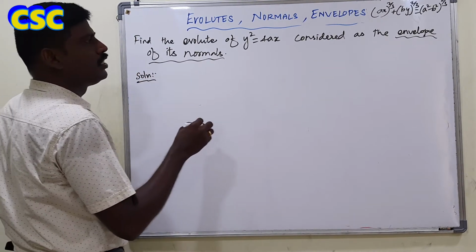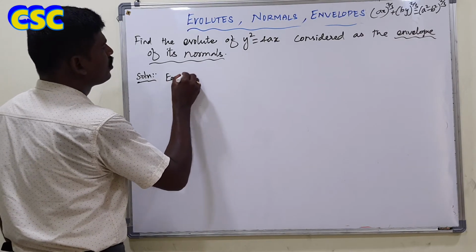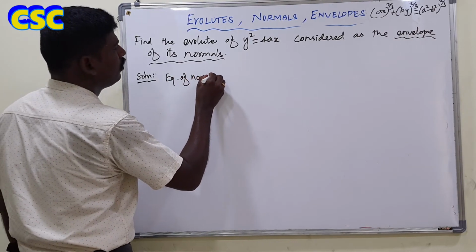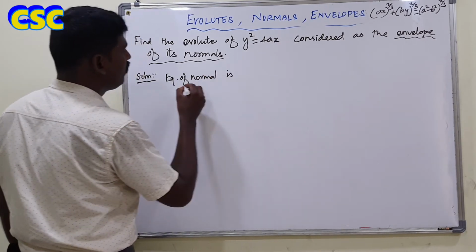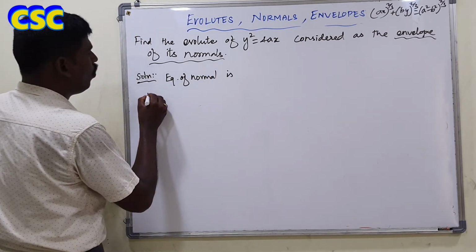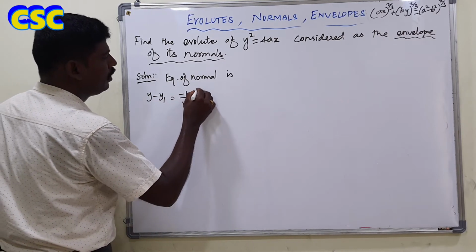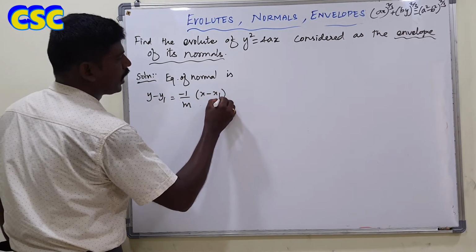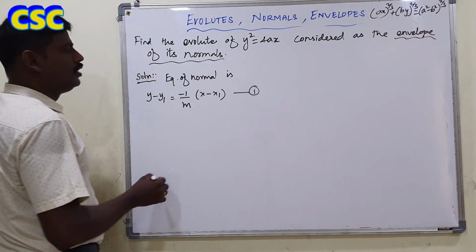What is the first step? Write the equation of the normal. What is the formula for the equation of the normal? Y minus y1 equal to minus 1 by m into (x minus x1), called equation number 1. This is the equation of the normal.